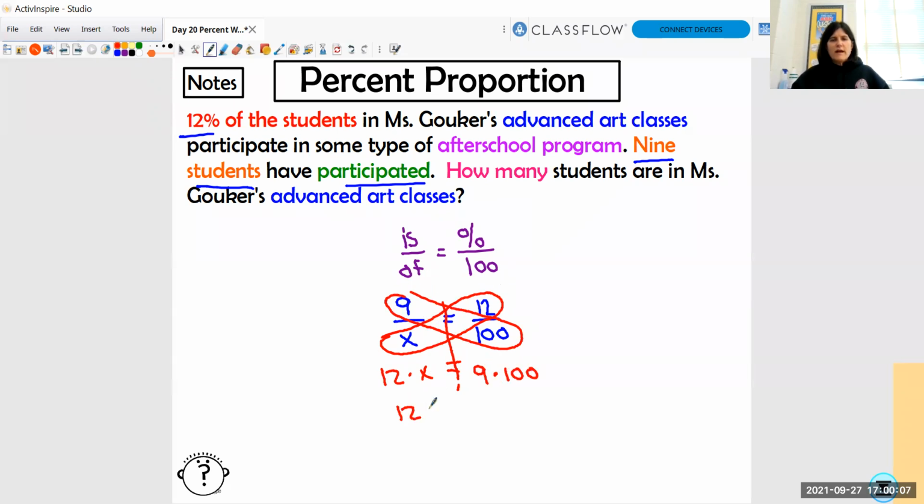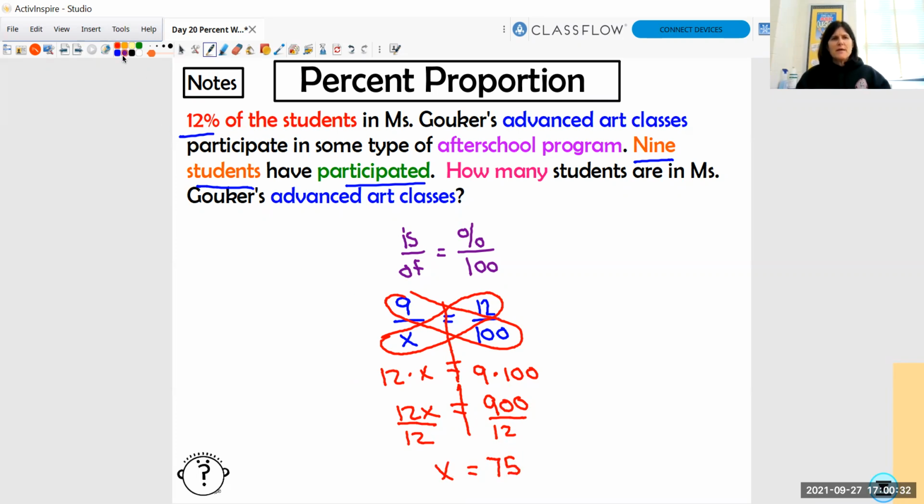So 12X equals 900. Now I have a one-step equation. 12 is attached to X by multiplication. So to undo that, I'm going to divide by 12. And again, use your calculators. And my answer is X equals 75.